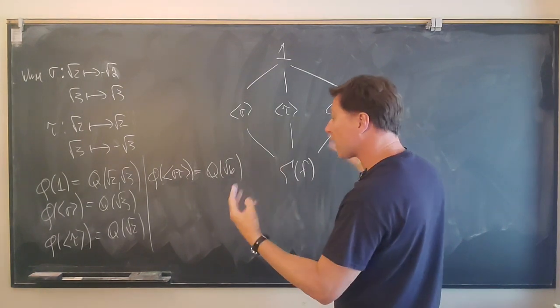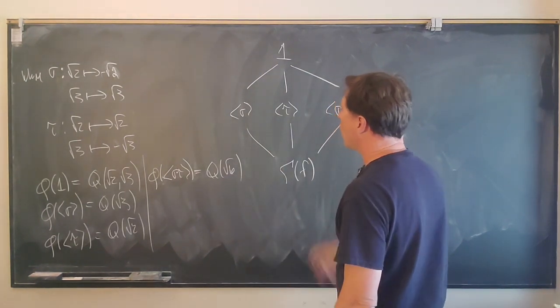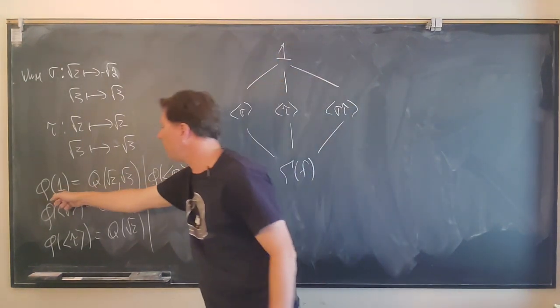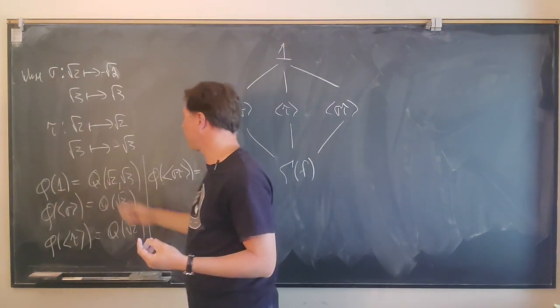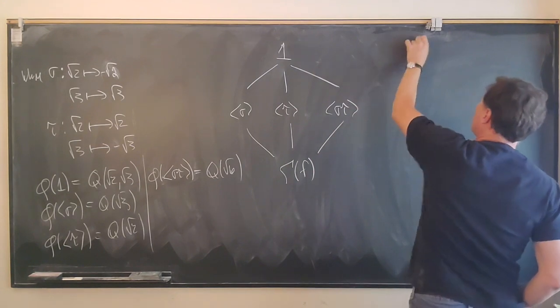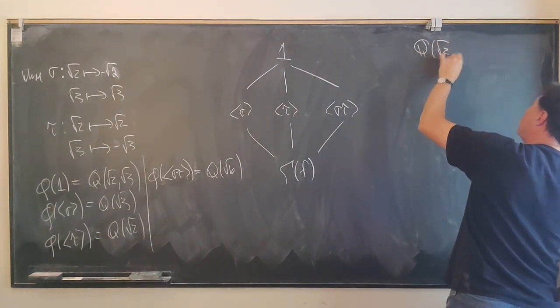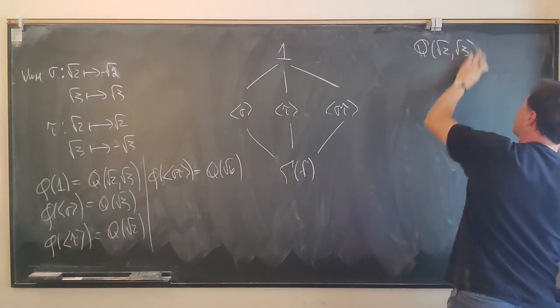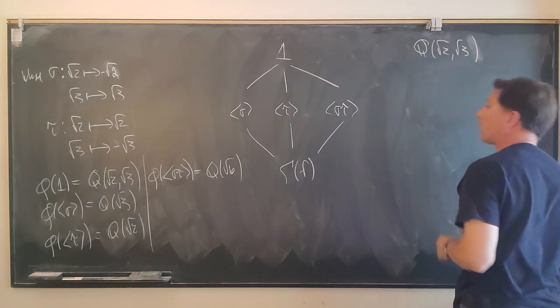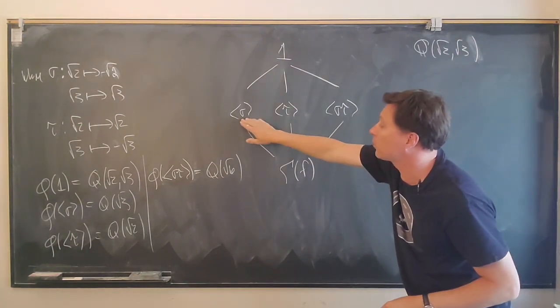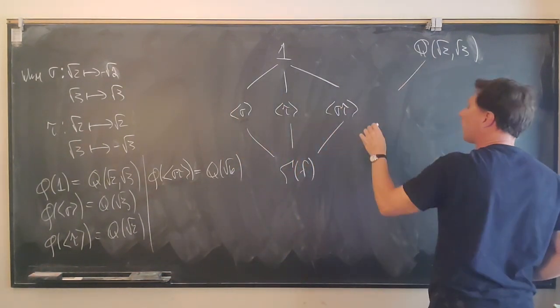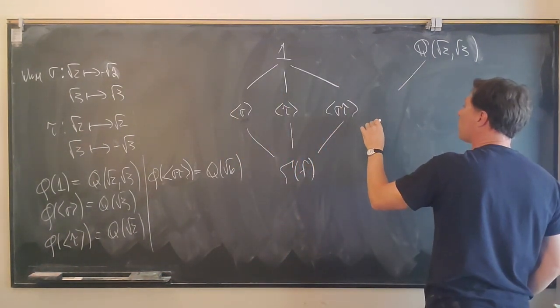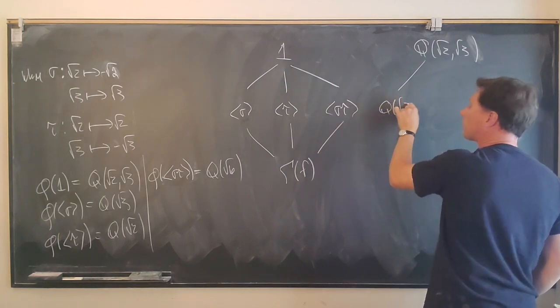Okay, so here's how this works then. Corresponding to 1, the trivial subgroup, we have the fixed field Q adjoin √2, √3. Corresponding to the subgroup generated by σ is the fixed field, and so right over here I will put Q adjoin √3.